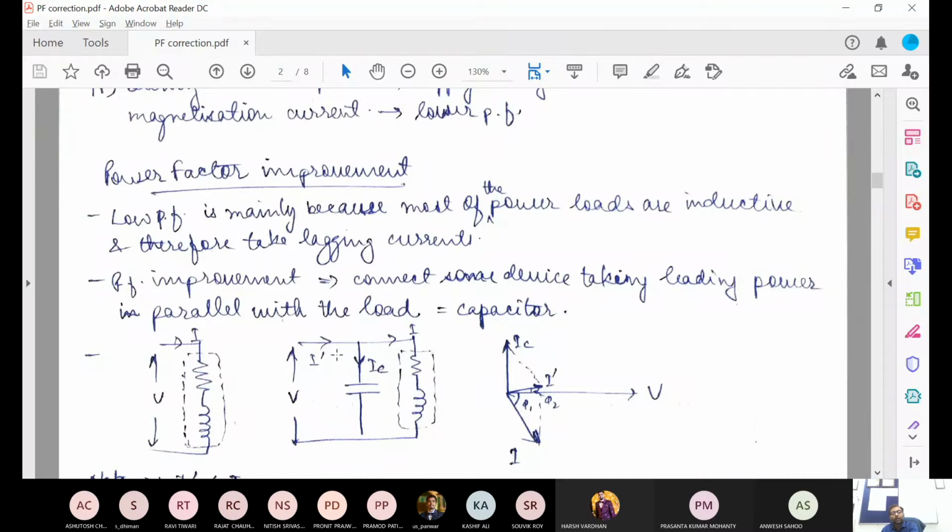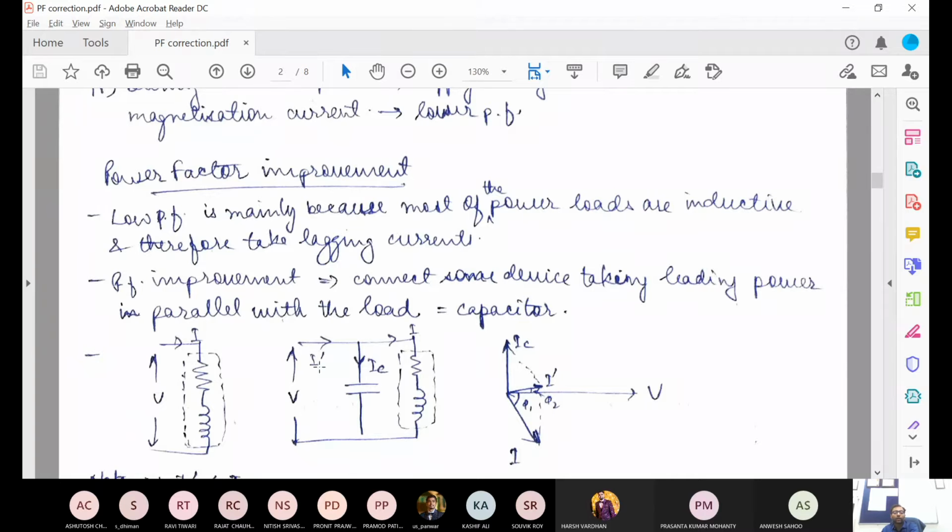Now the current which this draws from the source, we are calling I dash. This I dash will be IC plus I. Both loads, the original inductive load and the new capacitive load which you have introduced, have to be supplied from the source.